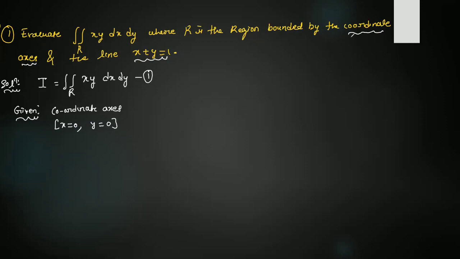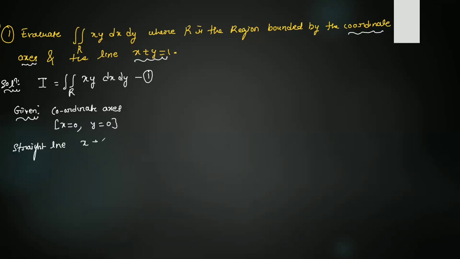So all of us understood that coordinate axes mean x equal to 0 and y equal to 0. Next, what is this line? A straight line, passing through the intercepts on the x-axis and y-axis, which are 1 and 1.